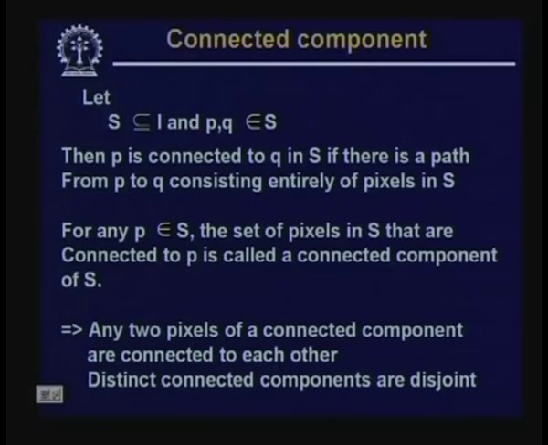Here we assume S to be a subset of an image I, and let us assume that we have two pixels P and Q which belong to the image subset S. Then we say that pixel P is connected to pixel Q in the image subset S if there is a path from P to Q consisting entirely of pixels in the region S. So, for any point P belonging to S, the set of pixels in S that are connected to P is called a connected component of P. So, any two pixels of a connected component are connected to each other, and distinct connected components have to be disjoint.